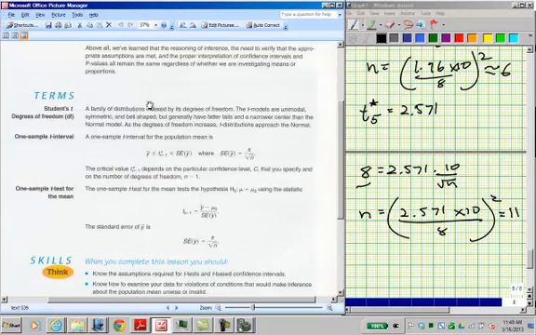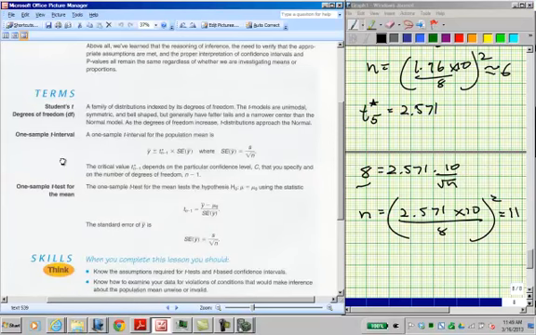So the terms: the t-distribution, degrees of freedom, one sample t-interval, one sample t-test. Now, when you're doing an interval or a test, from now on, we're going to name what we're doing. One sample p-interval, two sample p-interval, one sample t-test, and so on.